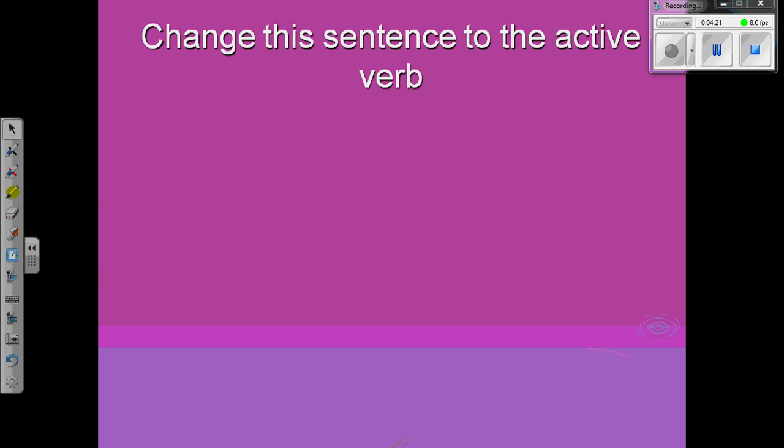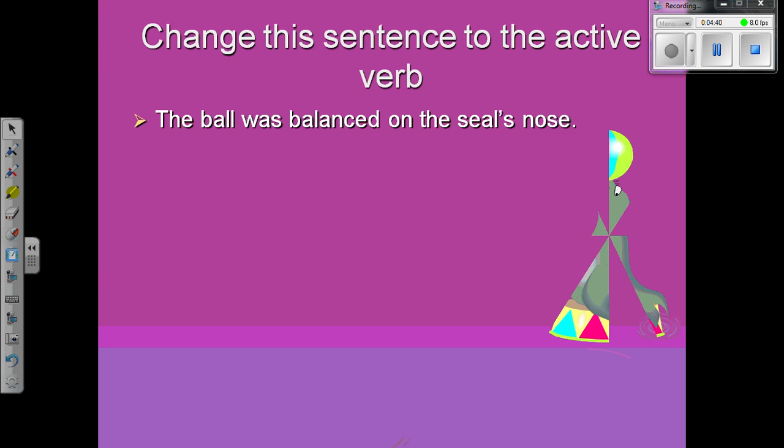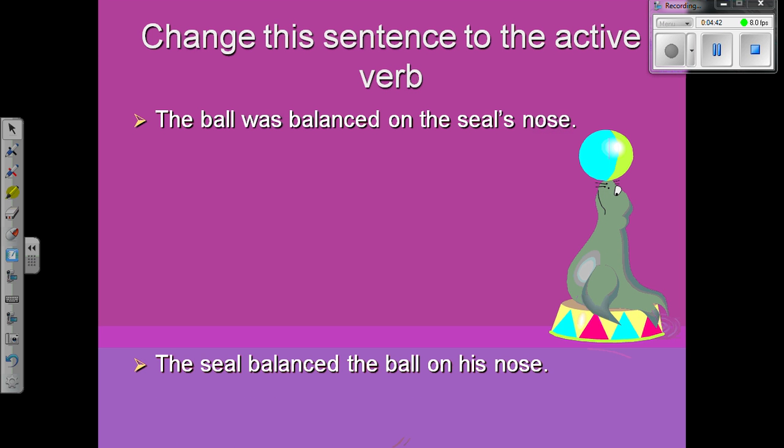Change the sentence to the active verb. The bowl was balanced on the seal's nose. This is a passive sentence. We want to change it to active. The seal balanced the bowl on his nose.